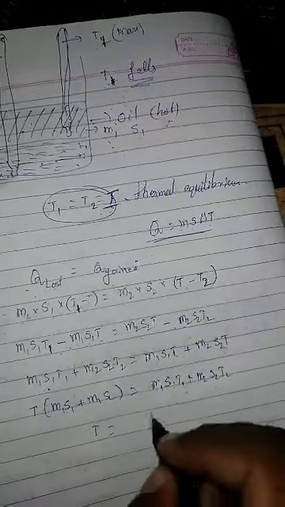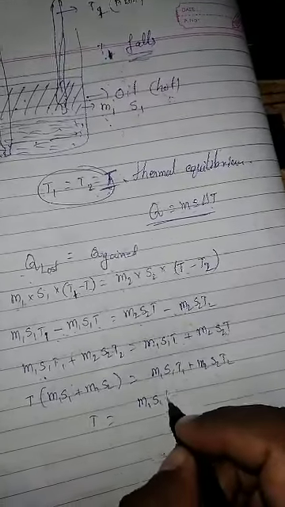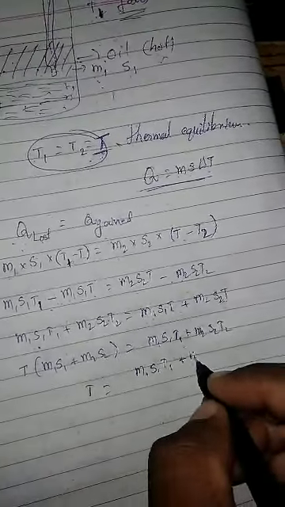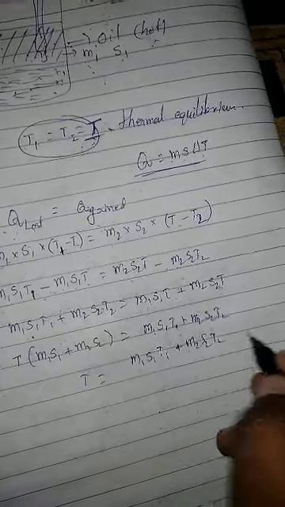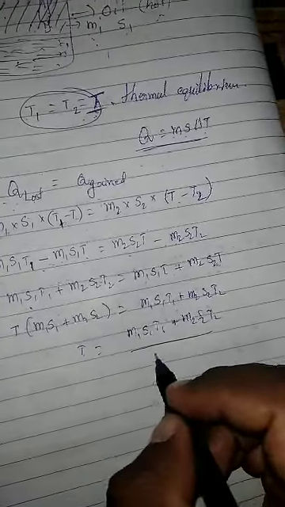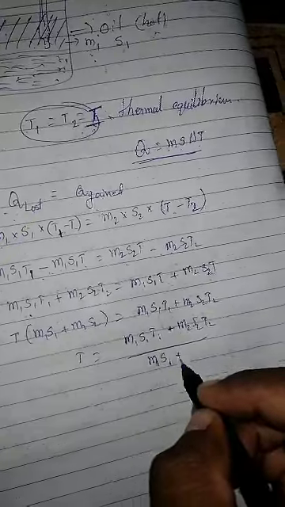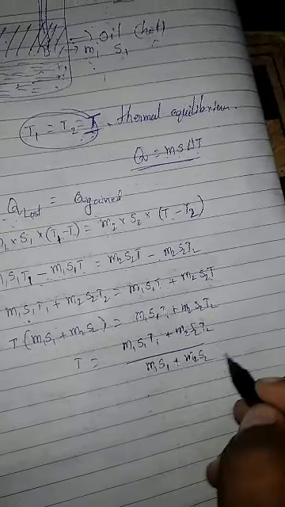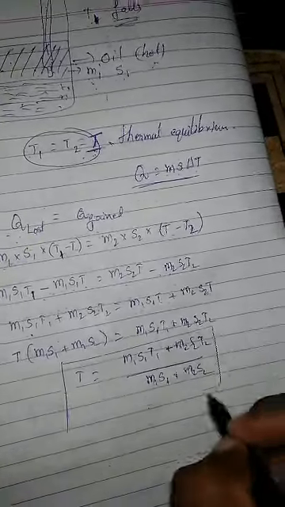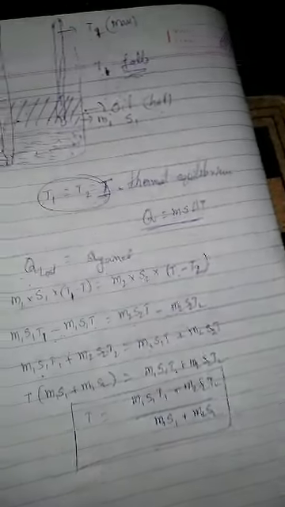Finally T is equal to (M1 S1 T1 plus M2 S2 T2) by (M1 S1 plus M2 S2). This is the equation to find the thermal equilibrium.